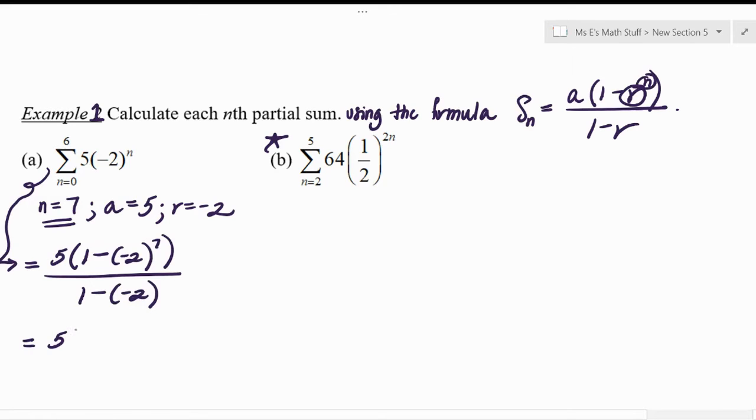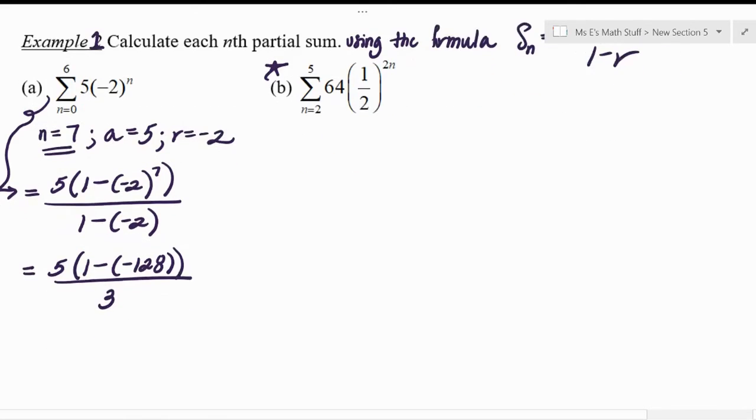So now simplifying this and sticking tight to the order of operations. So let's see, what on earth is -2 to the 7th power? Well, 2 to the 6th was 64. So this would end up being -128. So we'd have 5 times 1 minus -128. Is that right? 64 times 2. Yeah, 128. There we go. And it's all over 3.